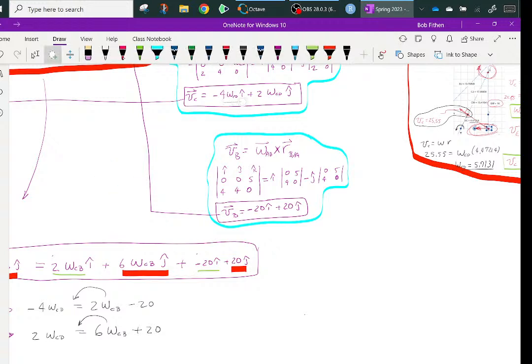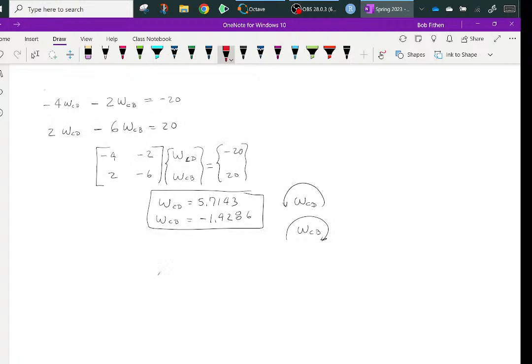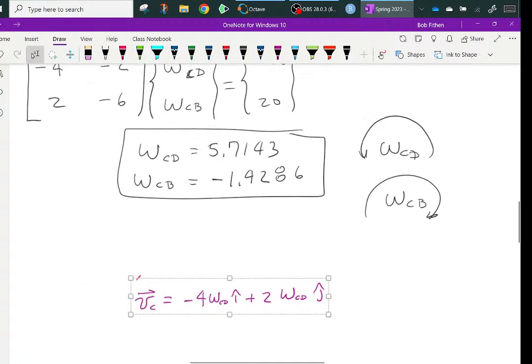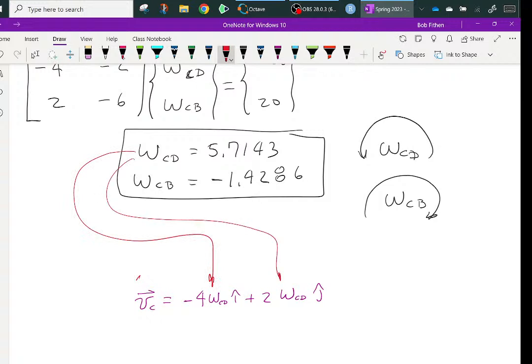I'll take that whole equation, copy it, head down here, and zoom in, and then take, okay, wait, which one? C, I have to take this number and stick it right here, and I have to do it again and stick it right there.